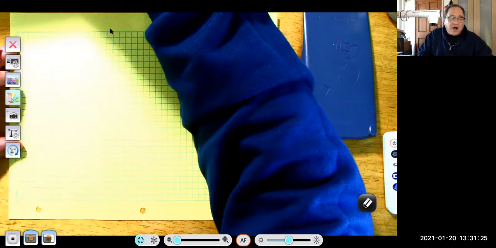But 7 is an awkward number to use when you're trying to divide up things evenly. So I'm going to go with 5, and I'm going to label this as 0, this as 1, this is 2, 3, 4, 5, 6, 7. And you can see I am using most of my x-axis, which is what you want to do.